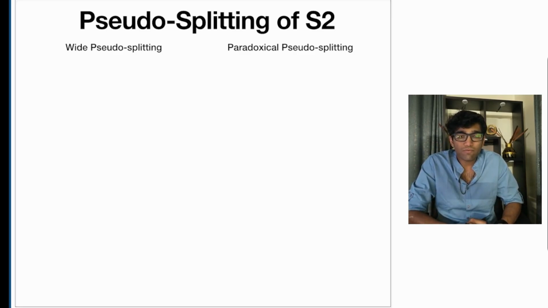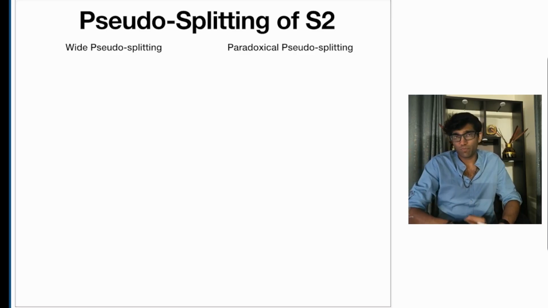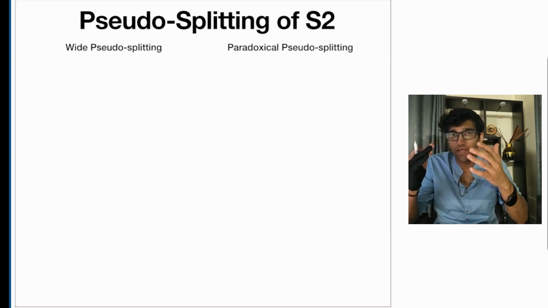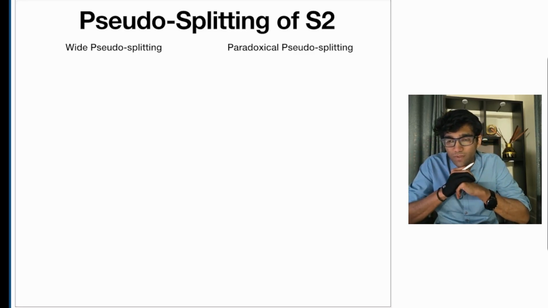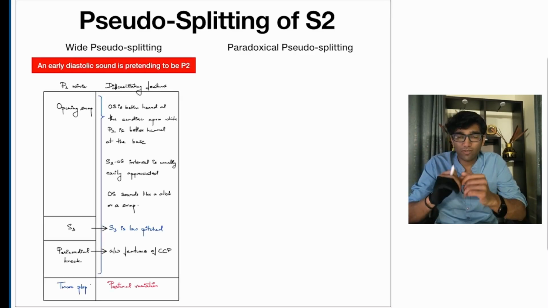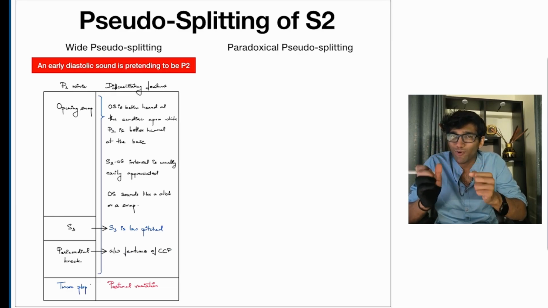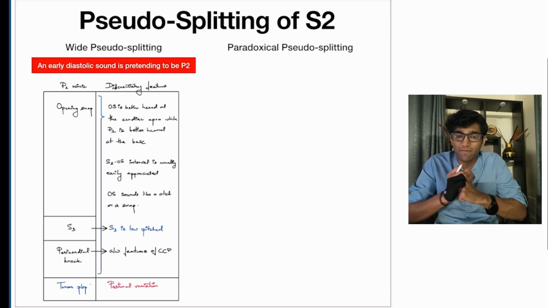So it's pseudo splitting, so there is no true splitting happening here. Probably what is happening is there is something pretending to be one component of the S2 sound. S2 corresponds to the closure of the semilunar valves. So what are the added sounds that can happen right after the S2 sound? You could have an early diastolic sound that is right after closure of the aortic valve, because the aortic valve closes at the beginning of isovolumetric relaxation, which is the first part of diastole.